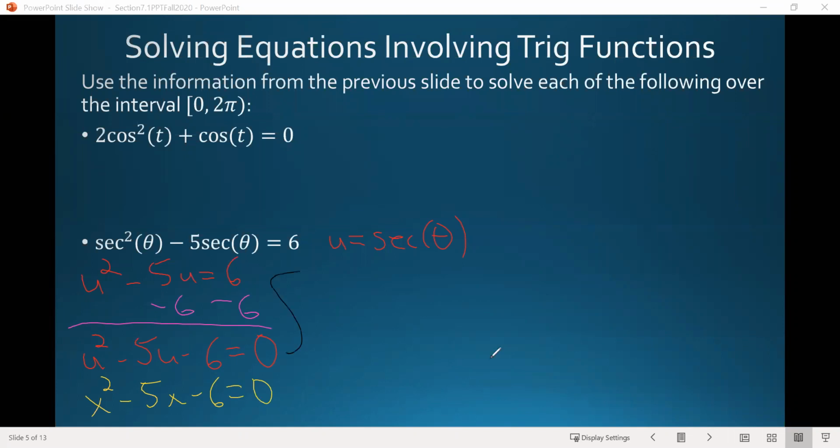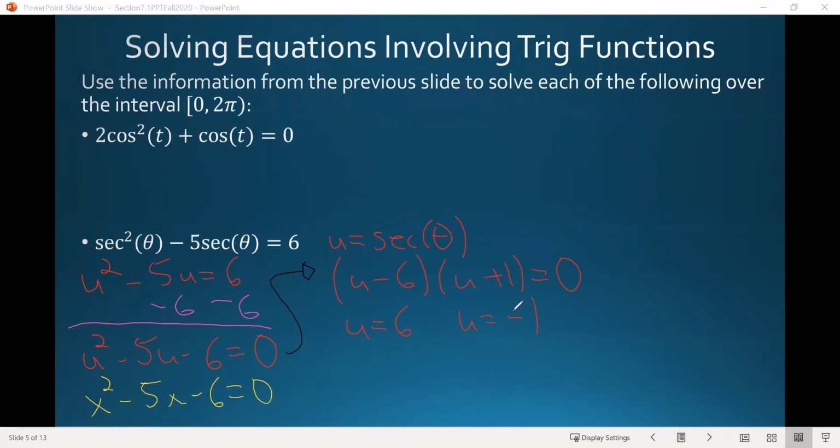And if you recall, the way we did that was by factoring. So this can be factored to u minus 6 times u plus 1 equals 0, which then gives us u equals 6 and u equals -1, which is what we had before.